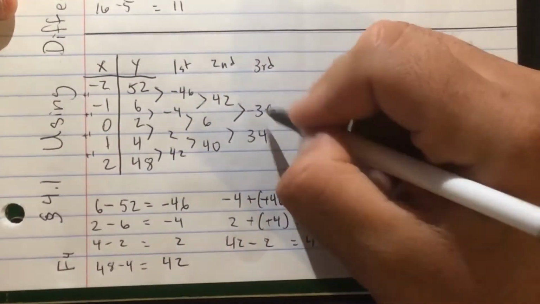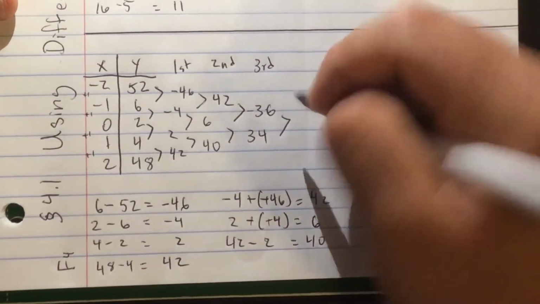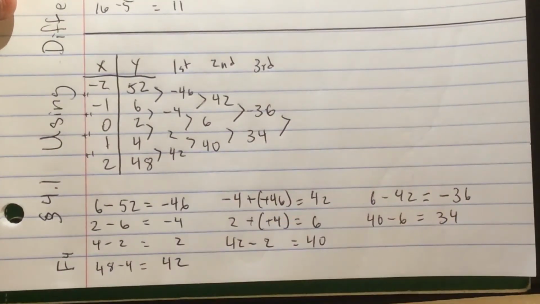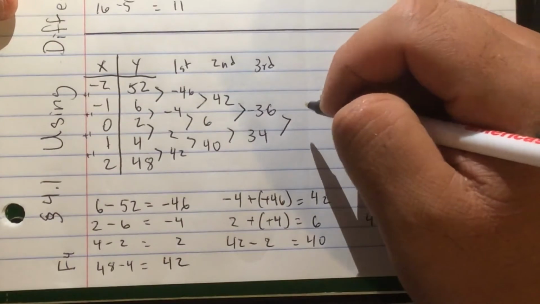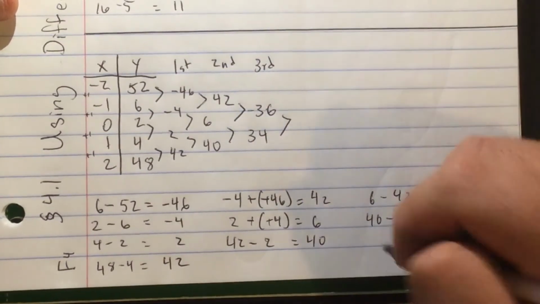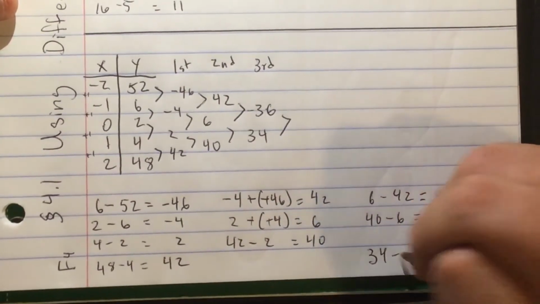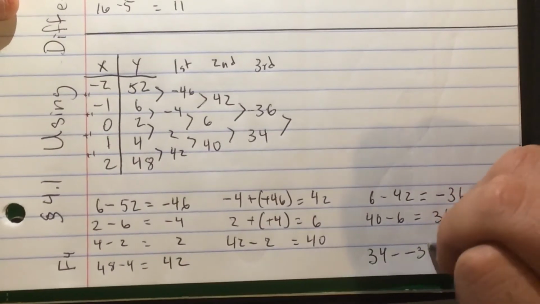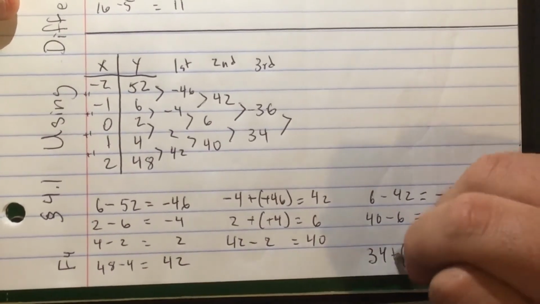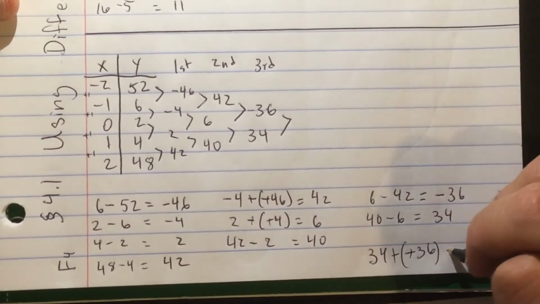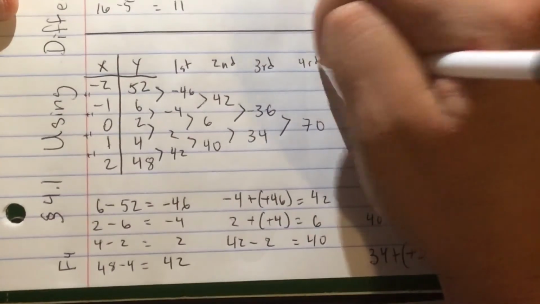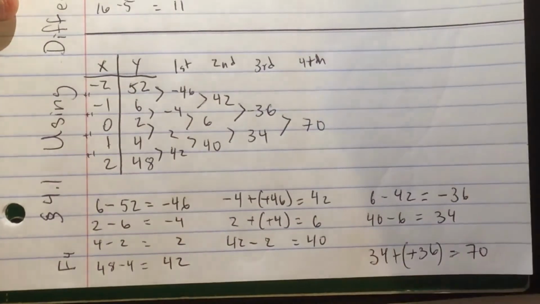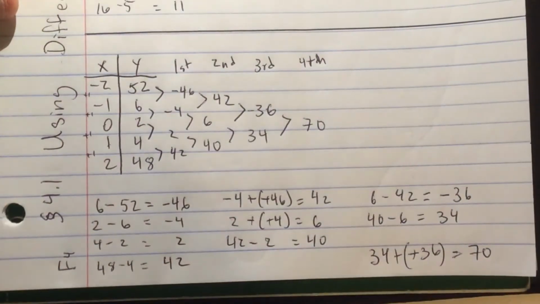Since these are not the same, we got to keep going. I'll check my math for a second to make sure I didn't do anything wrong. I think this is going to be the last one, which would be a 34 minus a -36, positive, will give us a 70. So this should be the fourth degree, but let me double check real quick.